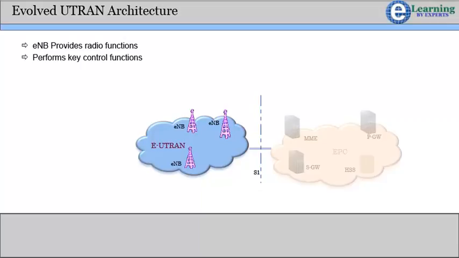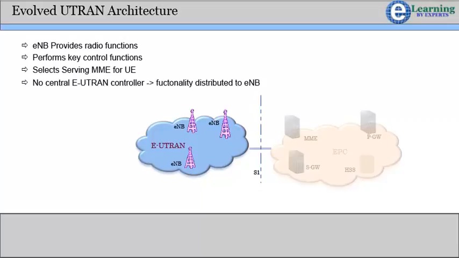The eNode B is also responsible for selecting which MME will serve the UE, and for protocol features like header compression and encryption. Elimination of a central controller, for example, a radio network controller, by distributing its functions to the eNode B simplifies the network architecture and potentially reduces packet delays.